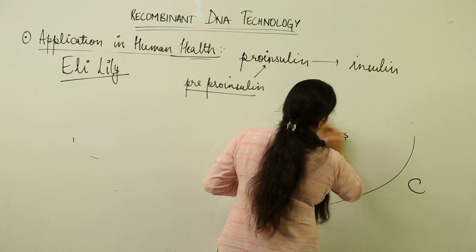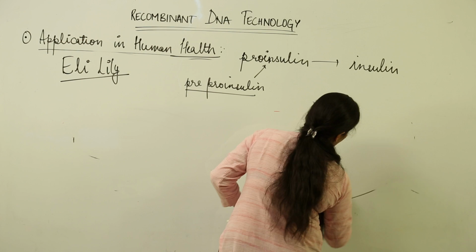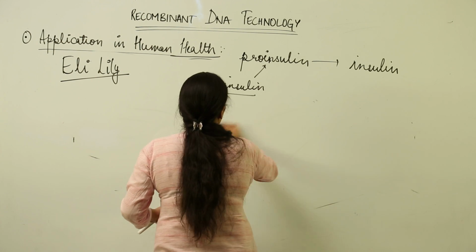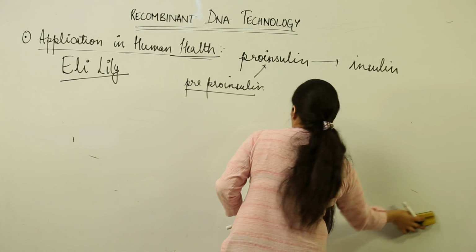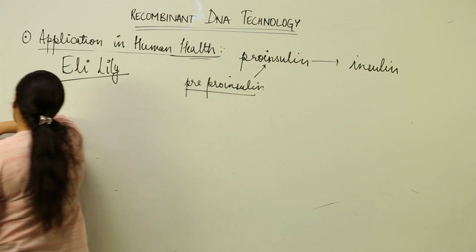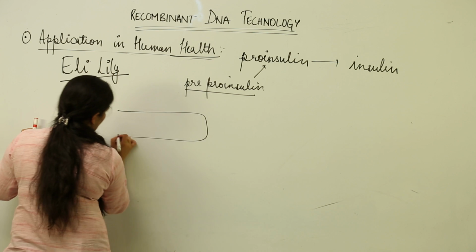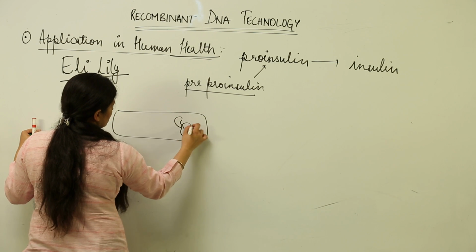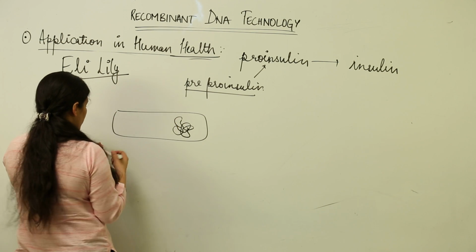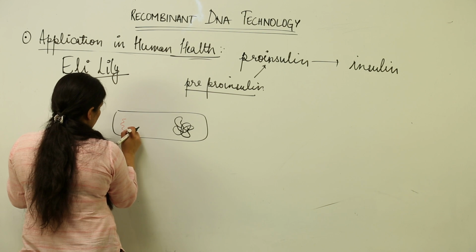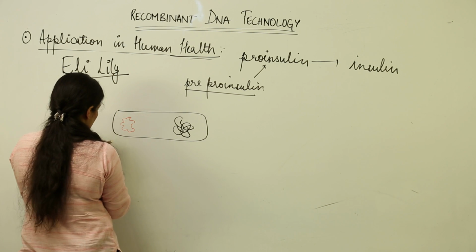Inside it they had the vector plasmid carrying the gene for formation of insulin and that gave rise to insulin. Here we have the same thing, this is the E. coli host, this is its nucleoid, this is the vector DNA.